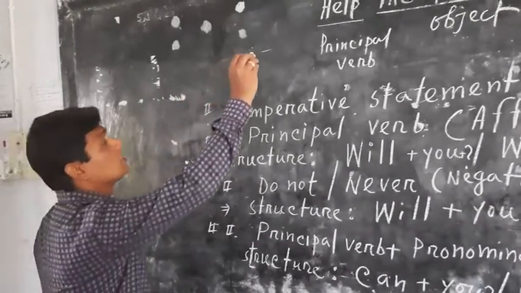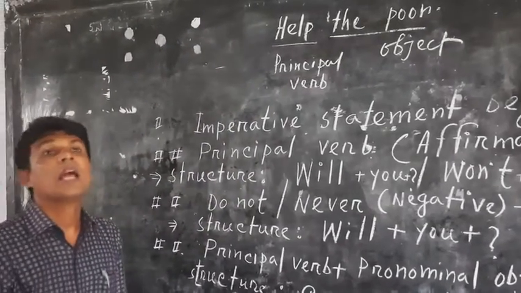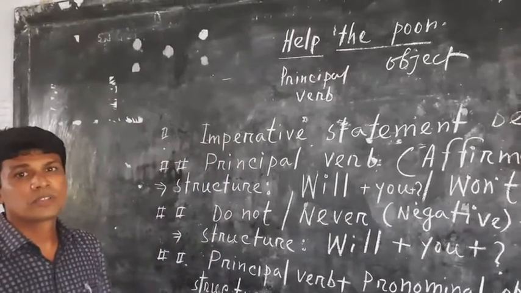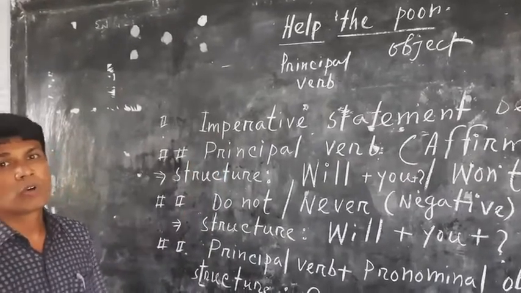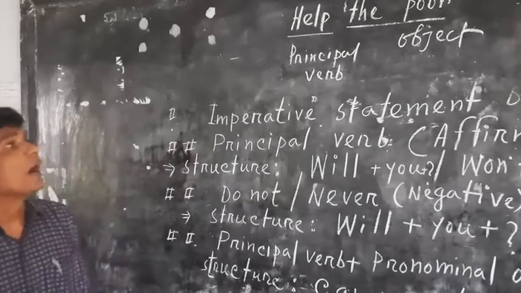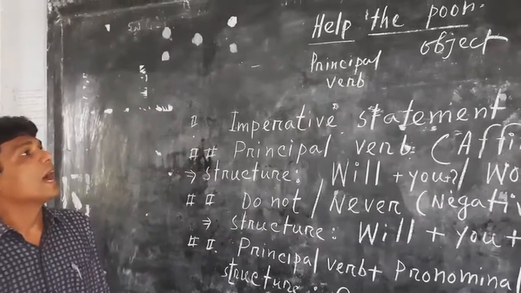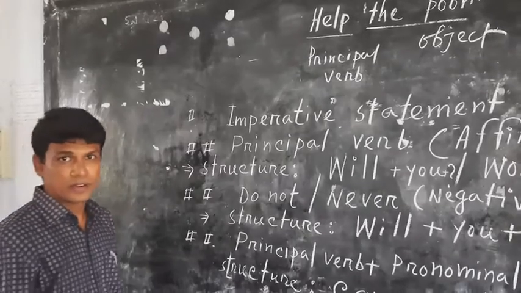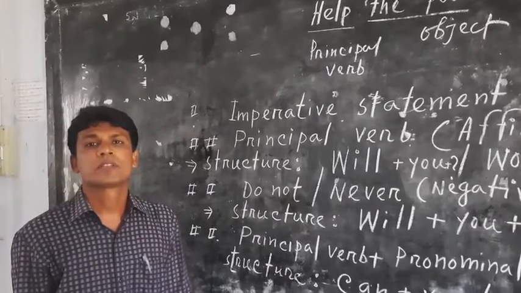But here you can see there is some deficiency of elements, and you can easily know what is the deficiency. Here we can see the absence of subject, and we know the subject of an imperative sentence would be hidden, and we know what is the hidden subject.